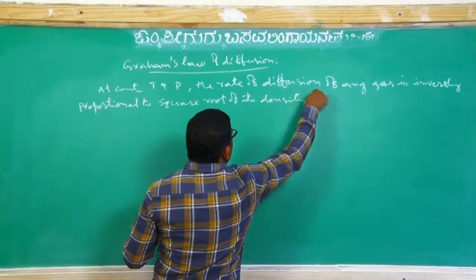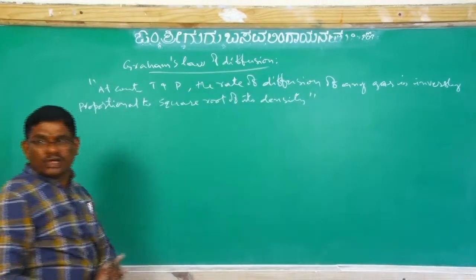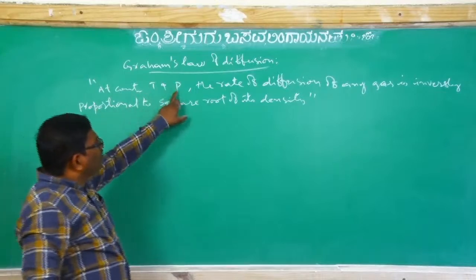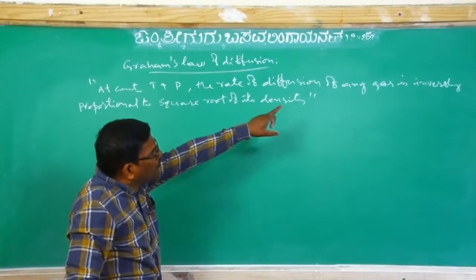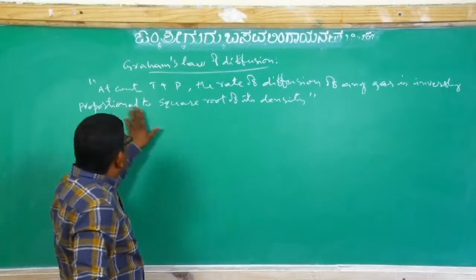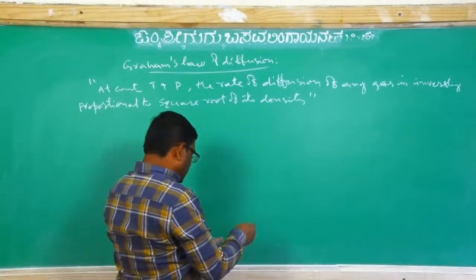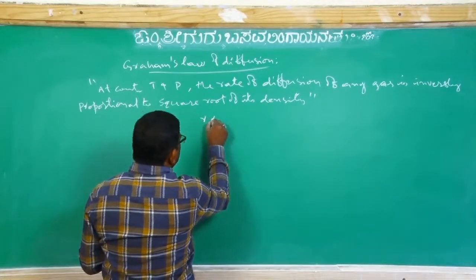So this is Graham's law of diffusion. क्या बोलते हैं Graham's law of diffusion? At constant temperature and pressure, the rate of diffusion of any gas is inversely proportional to its square root of density. Mathematically, क्या लिख सकते हैं?